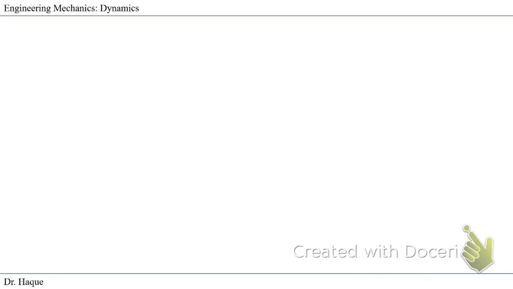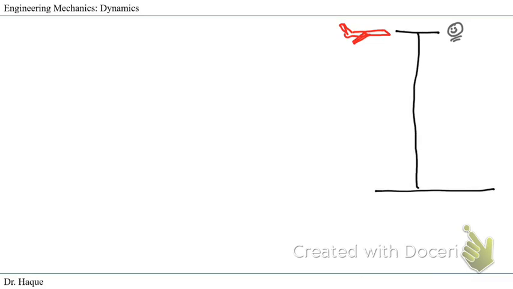Let's assume the example of the paratroopers where we had the plane at a certain height flying. And here is our paratrooper at the height of h from the ground. So that is our ground, and he is currently at this position.